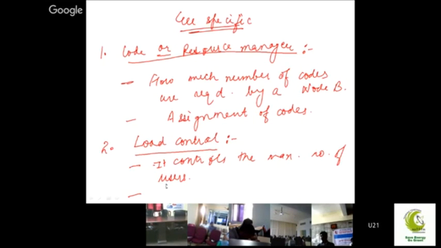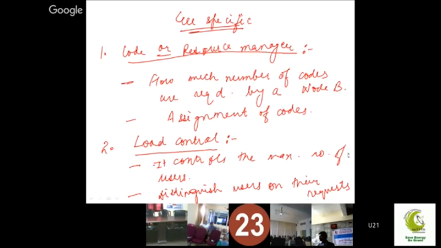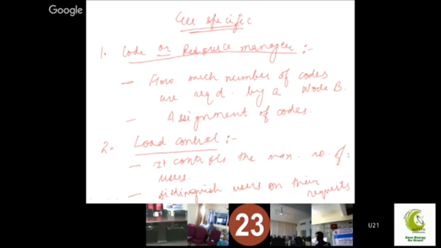So firstly, load control will control the number of users, and accordingly it will differentiate them into the different categories. That is, it distinguishes the users on their requests or demands. So this is the main functioning of the load control.